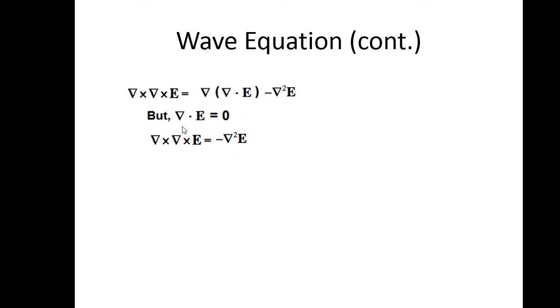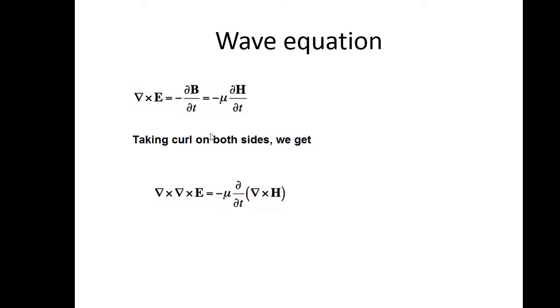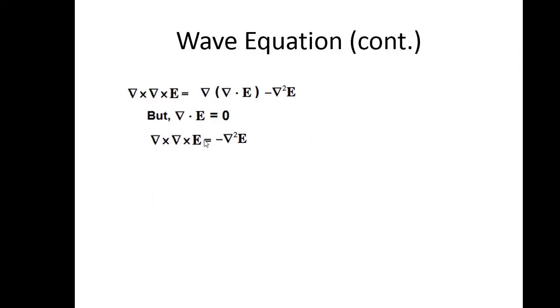Now we are combining the earlier equation and this equation. Earlier you got minus mu dou by dou t of curl H, and you are substituting this here. So you can write minus del square E is equal to minus mu dou by dou t of curl H. This we got in the last slide.